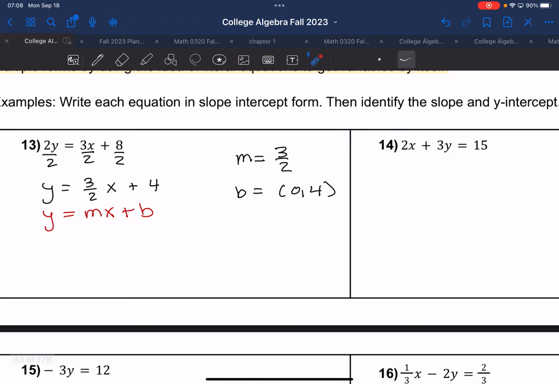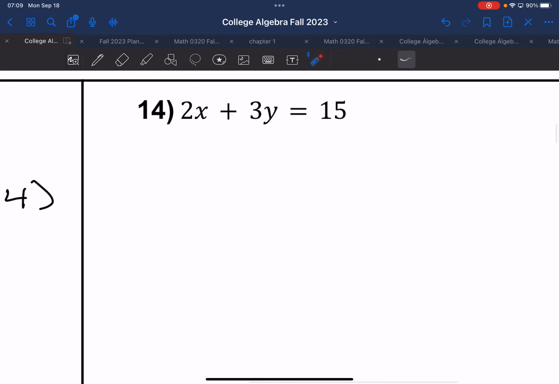Number 14, is that in slope-intercept form? No, what form is it in? Standard form. Remember that ax plus by equals c. But we want slope-intercept form, so we need to get y by itself. What would be our first step?